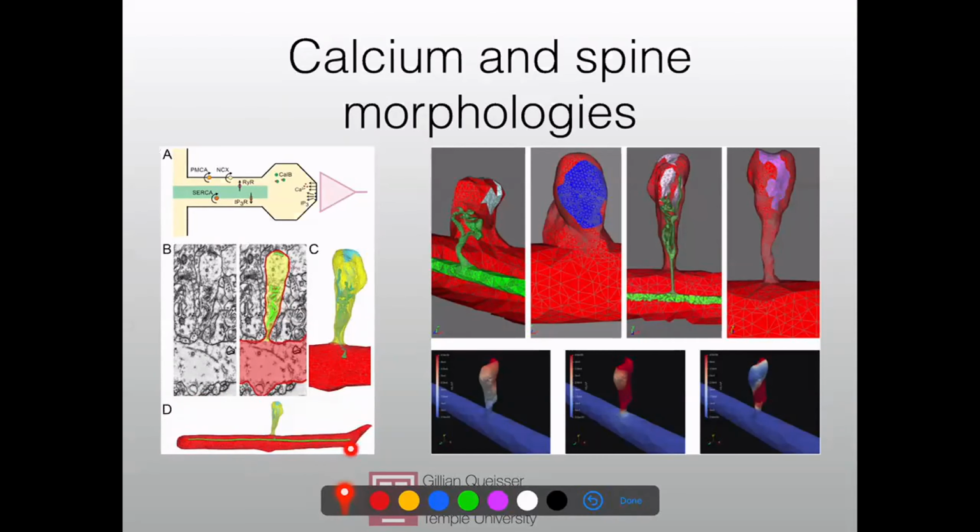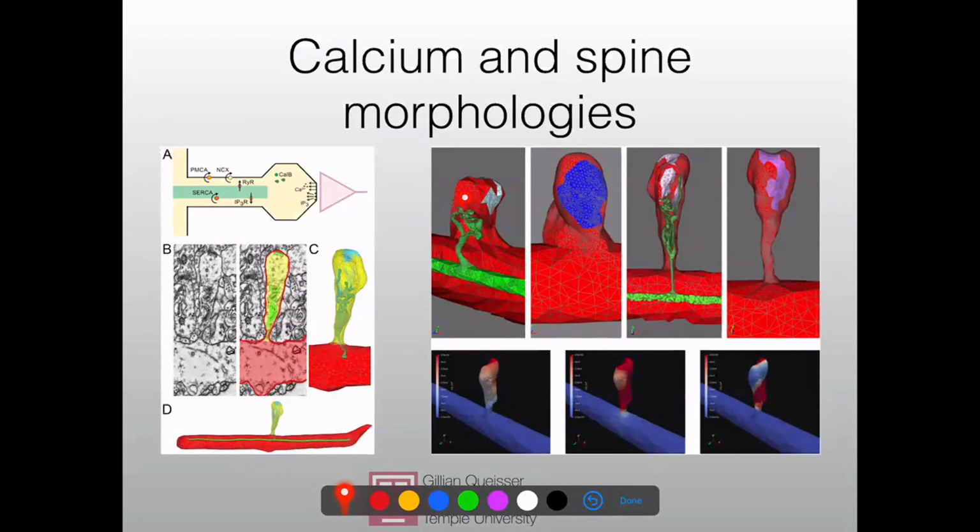And as you can see on the right, morphology varies. There are different types of spine morphologies. Some are termed stubby spines, others are termed mushroom spines. And many of them contain a piece of the endoplasmic reticulum that innervates the spine head.